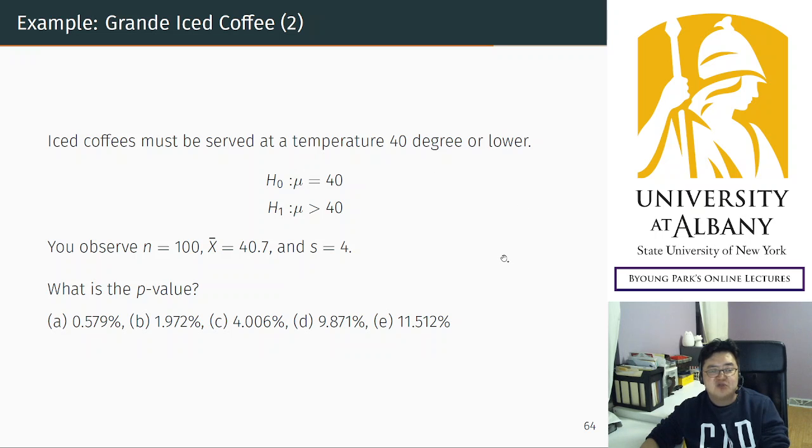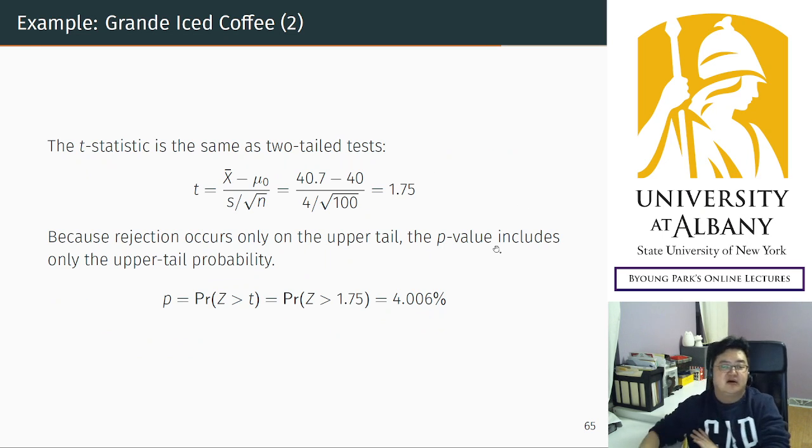Okay, the answer to this question is approximately 4%. So first, the T-statistic is calculated this way. The difference between the observed temperature and the standard temperature is 0.7. And 0.7 is standardized by the standard error, standard deviation divided by the square root of the sample size.